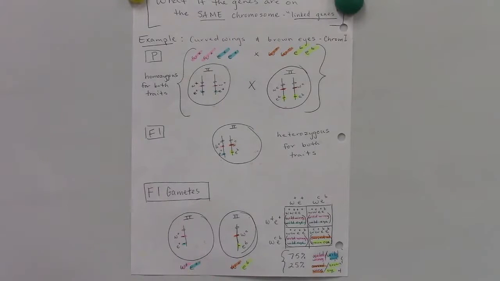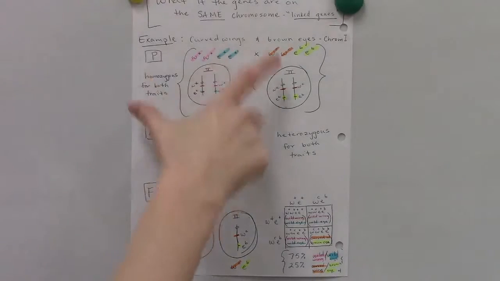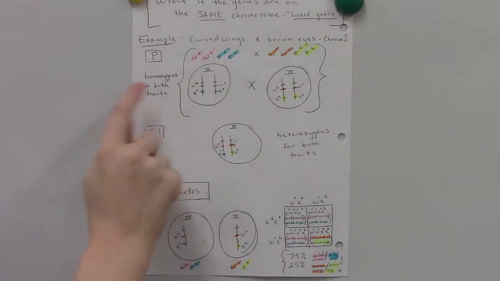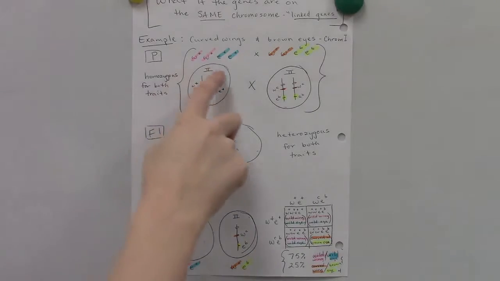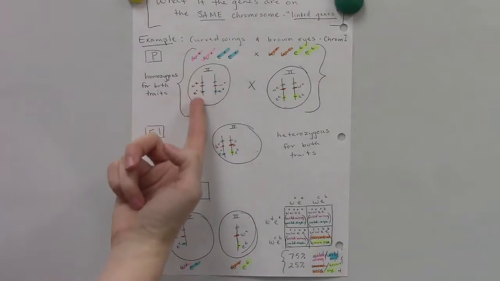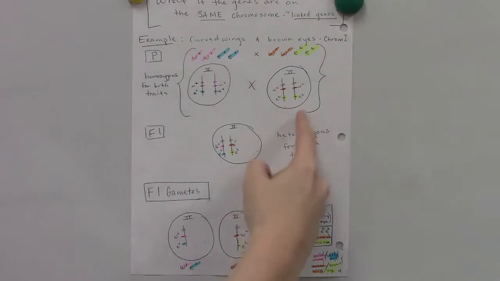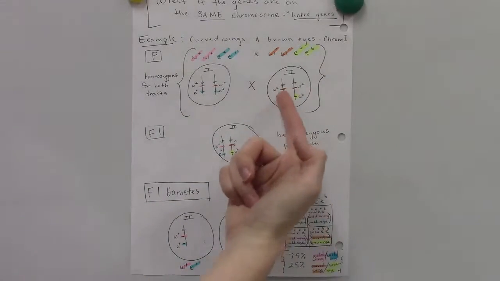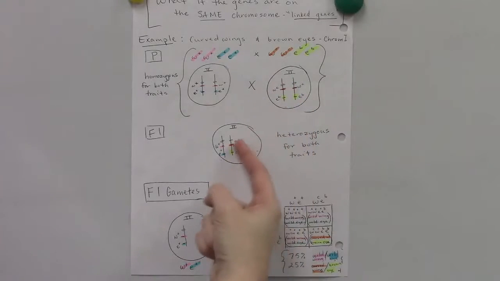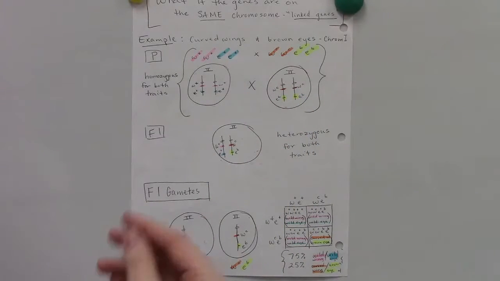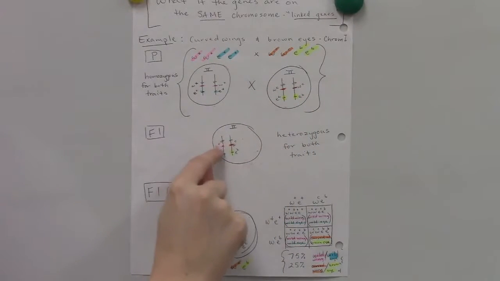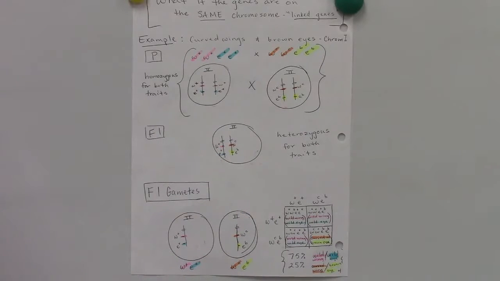All right, so their offspring are going to get one copy of the chromosome from each parent. So this parent will contribute one of their chromosome 2s, bam, with 2 genes on it. And this parent will contribute one of its chromosome 2s, bam, right here. So it gets both at the same time.